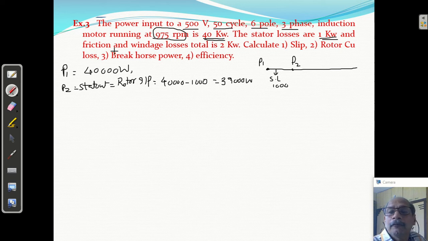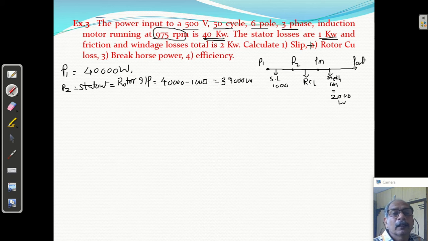Then friction and windage loss, rotor copper loss, you will get PM. From PM, the mechanical loss is given, 2 kilowatt, so you will get P out.